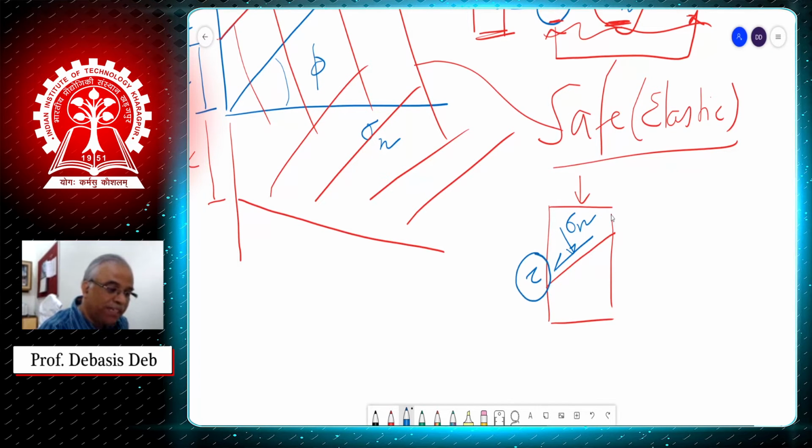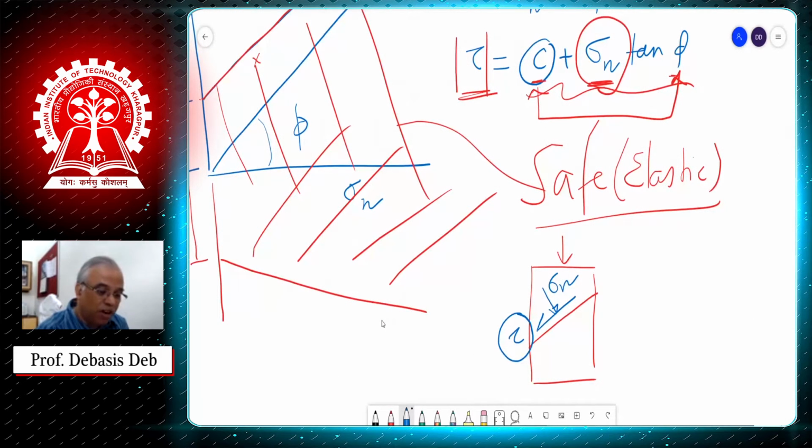So I am limiting the value of tau. The maximum value of tau is given by two material properties, C and phi. If I know these two and sigma n, then I can know the maximum value of tau, or at what value of tau the material is going to fail or have a crack like this, which has an angle beta.